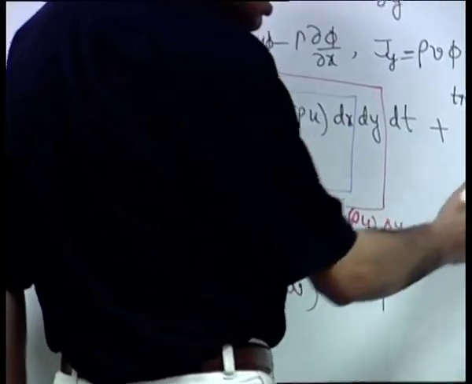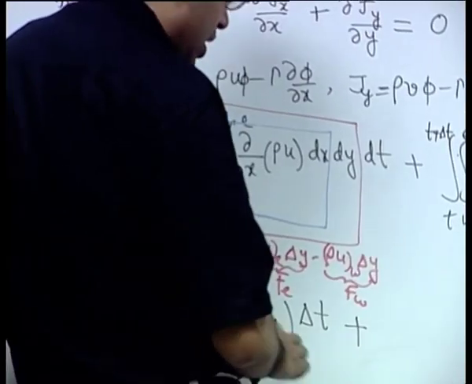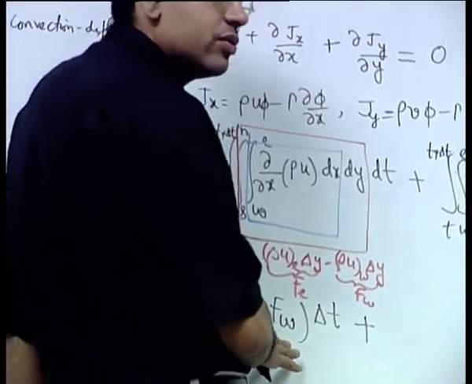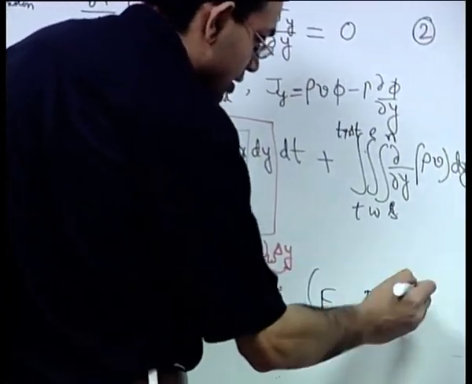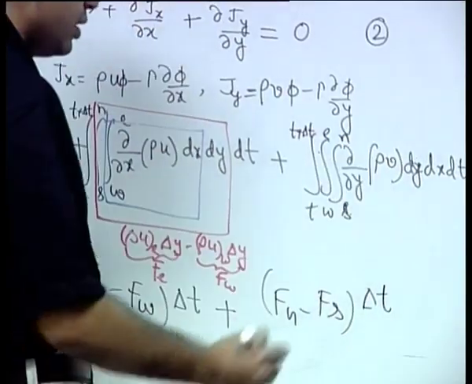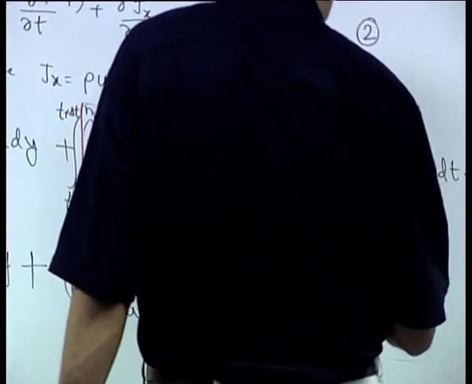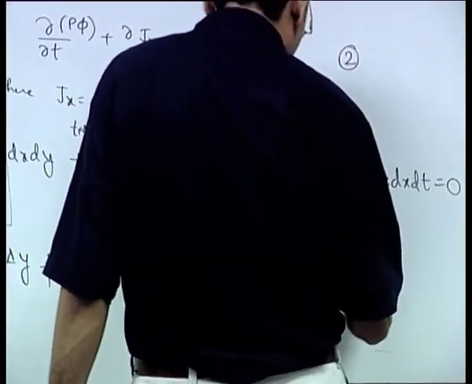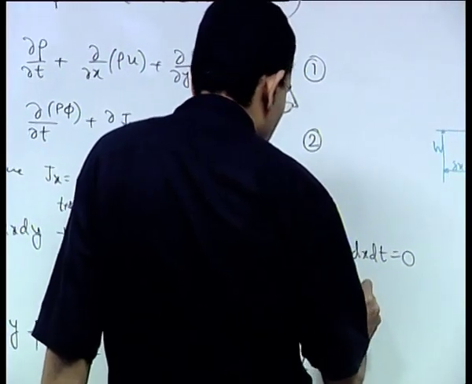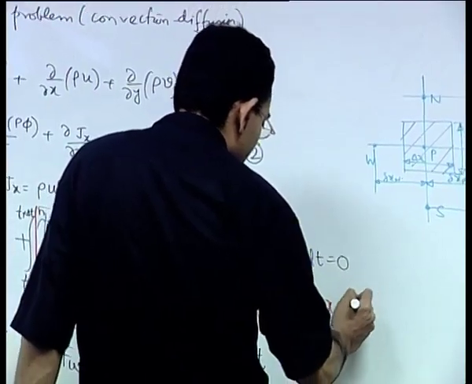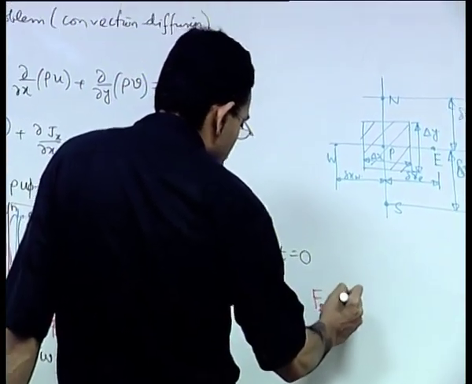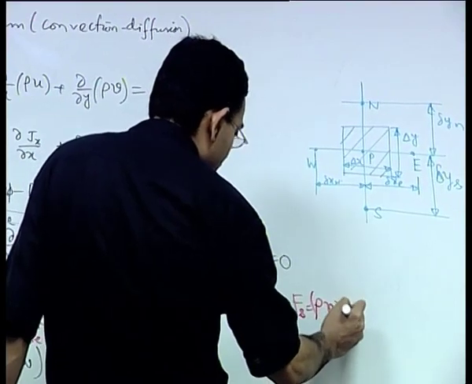Similarly, what will be the last term? If this is Fe minus Fw, this is Fn minus Fs delta t, where we can define Fn and Fs as follows. What is Fn? Rho v n delta x, and Fs is rho v s delta x.